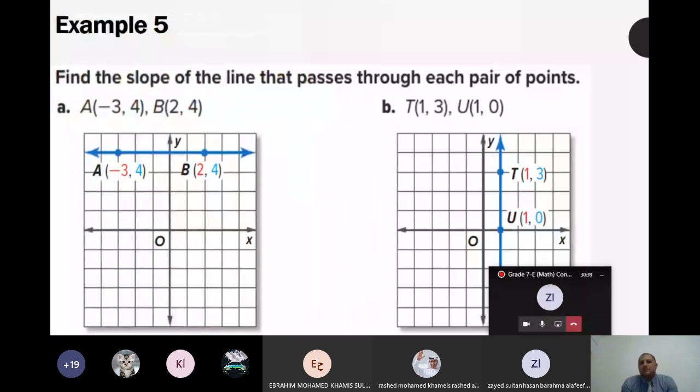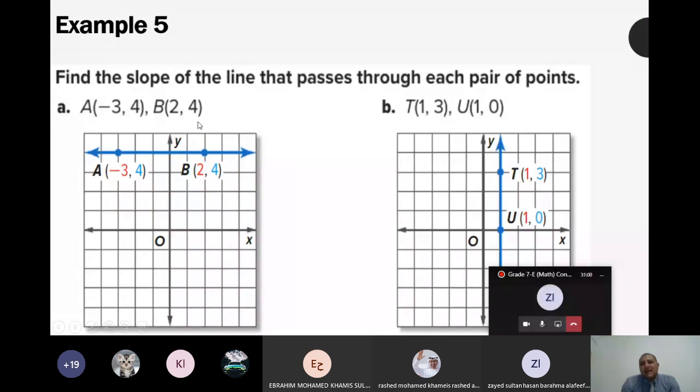Example 5, B. Find the slope of the line that passes through each pair of points. A, negative 3, 4, B, 2, 4, and I just recognized that the y coordinate here is the same, it's 4.